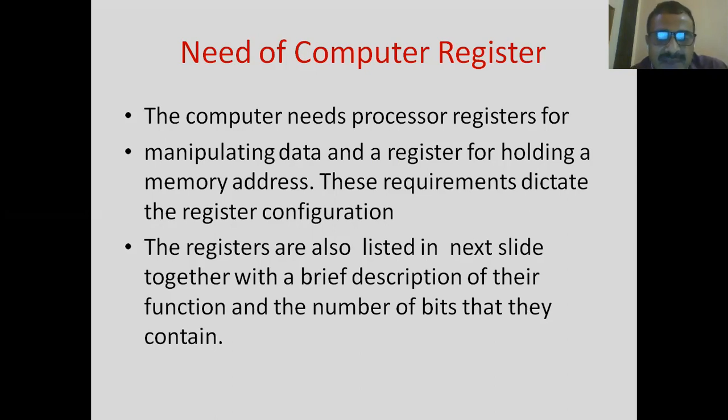In the next PPT, I'm going to give you the table where the list of computer registers for basic computer is listed with a brief description, its function, and the number of bits that they contain.